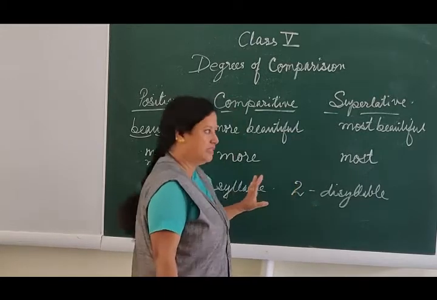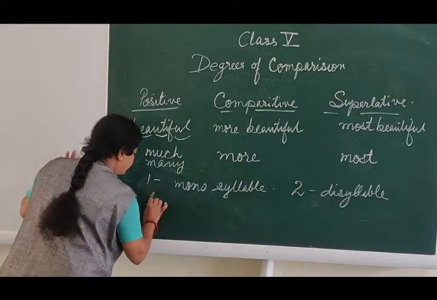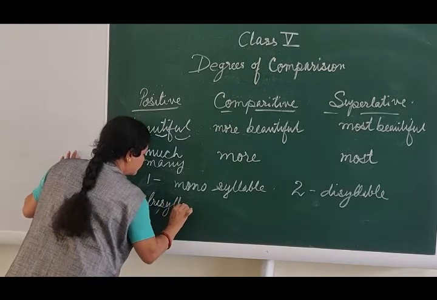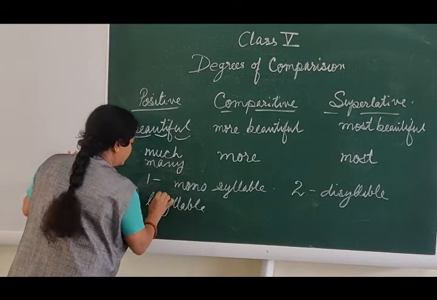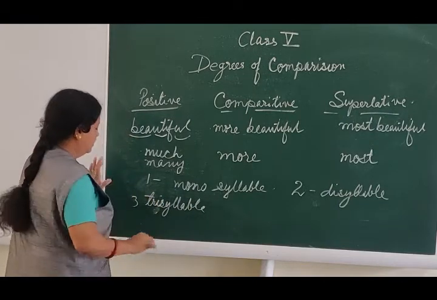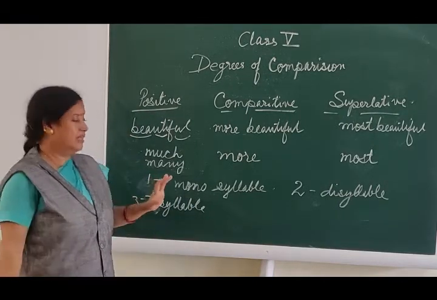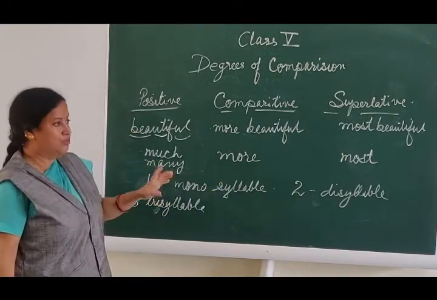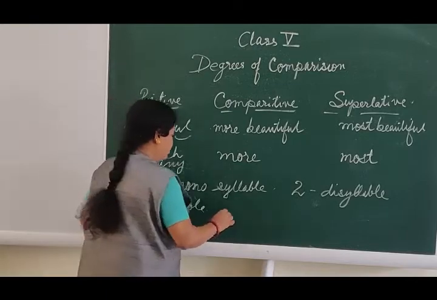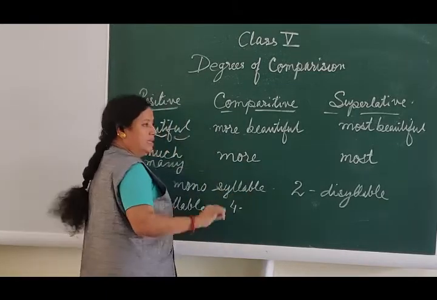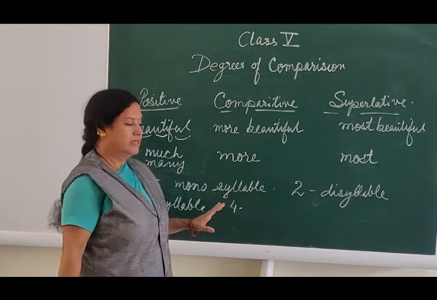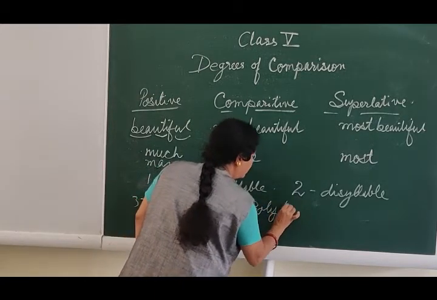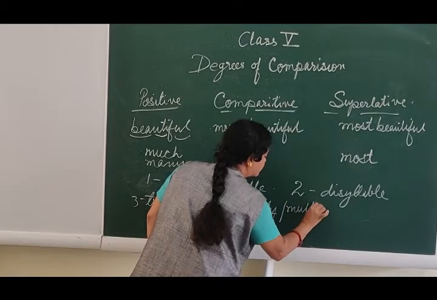But if it is a trisyllable, with 3 syllables, then we use more and most, not ER and EST. And if it has more than 3 syllables, we call it polysyllable or multisyllable.